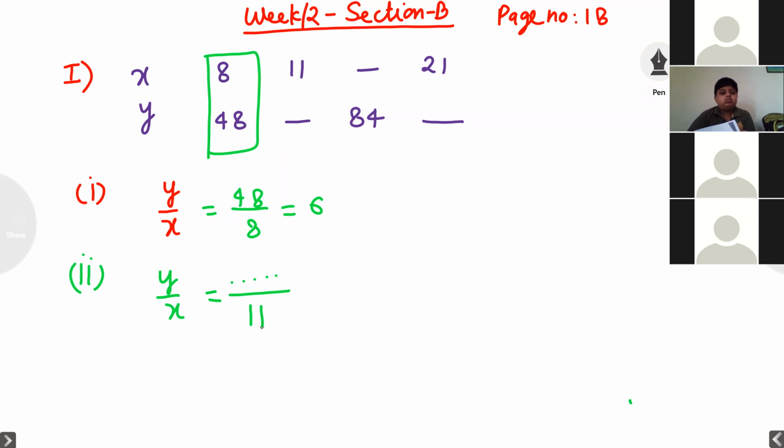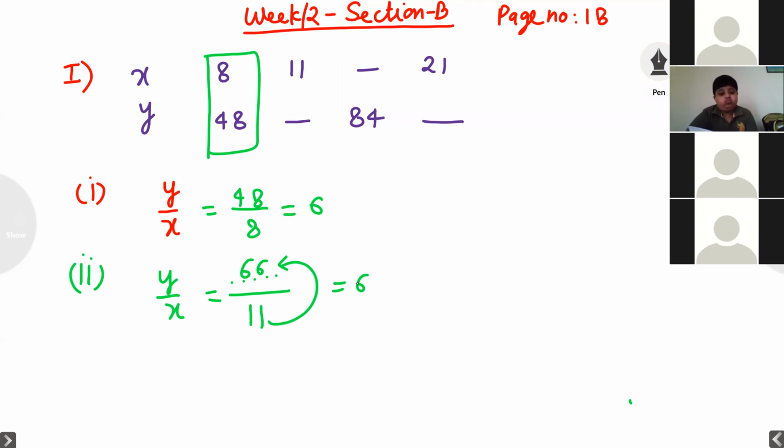It will become the opposite. Here I am dividing 48 divided by 8 is equal to 6. It means it will be division, and the numerator will become a bigger value. If I write here 66, then 66 divided by 11 is equal to 6.